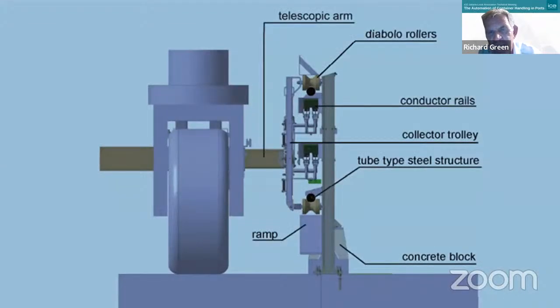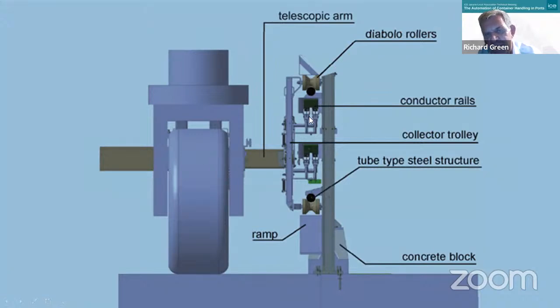This is a sample. This is the rubber-tired gantry crane wheel. And we have this device that connects to the power supply. There is a ramp, a metal ramp, which brings the connector up onto the conductor rails.